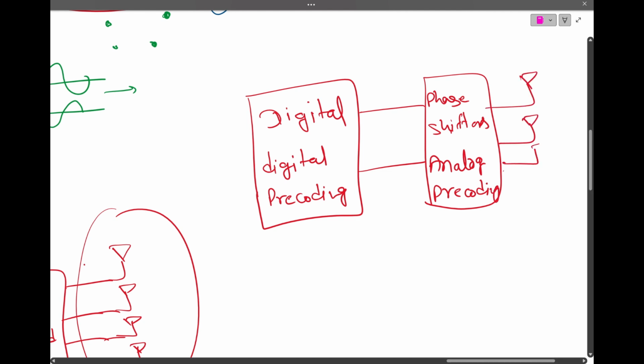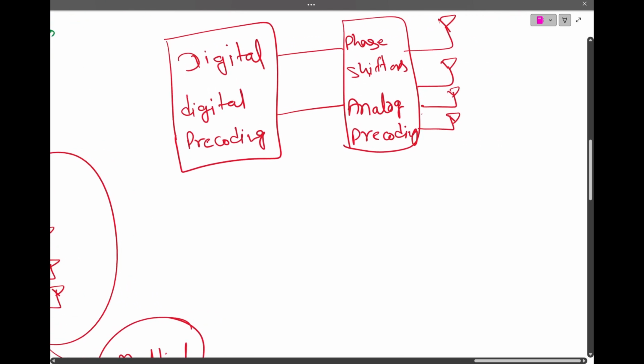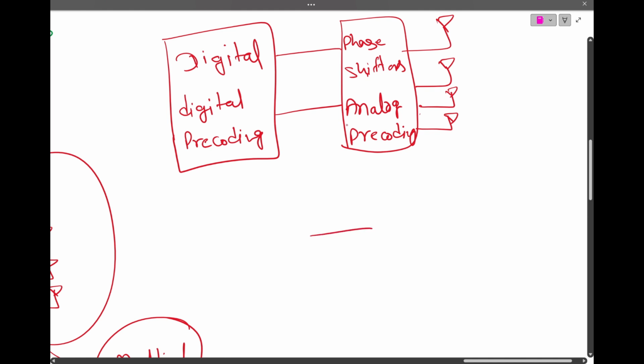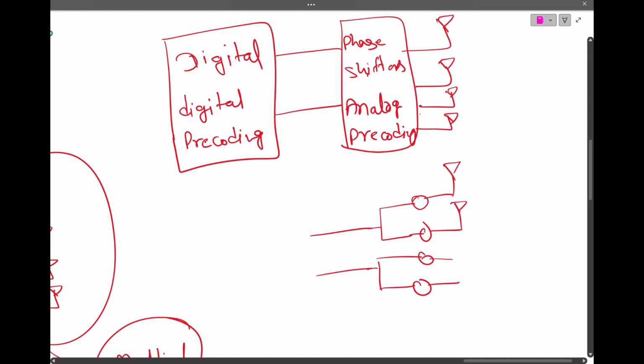For example, from the previous example only, let's say that these are RF chains. Let's say one of the solutions is like this, where you have phase shifts as well.